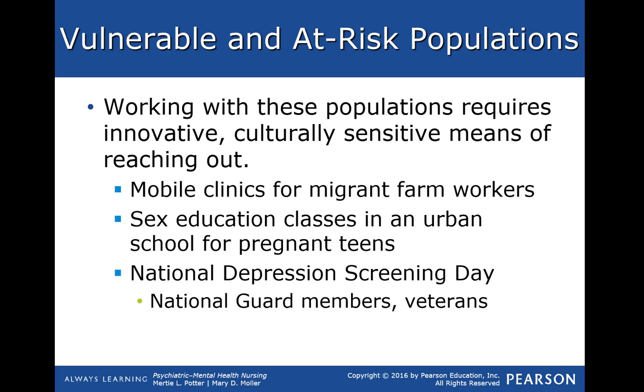They're normally of Hispanic or Latino cultures. One way that we can provide care for those is a mobile clinic, because they're not going to come in and seek assistance. So that's one way.